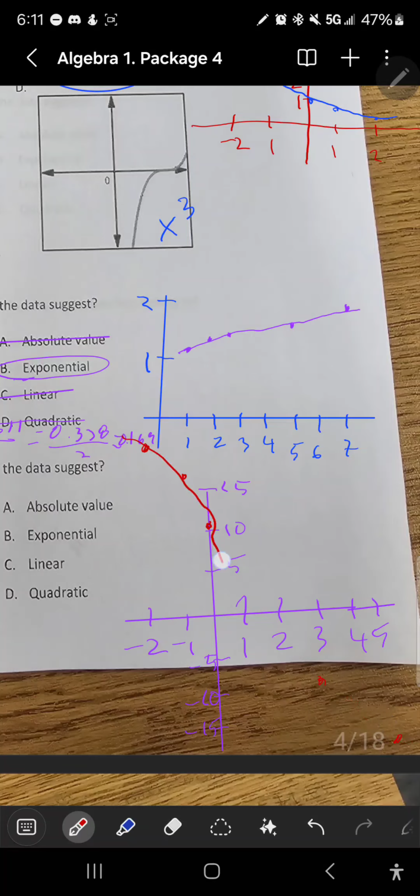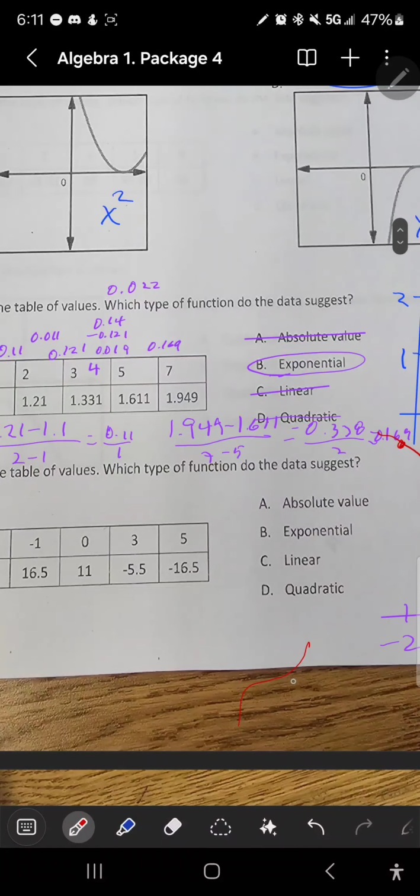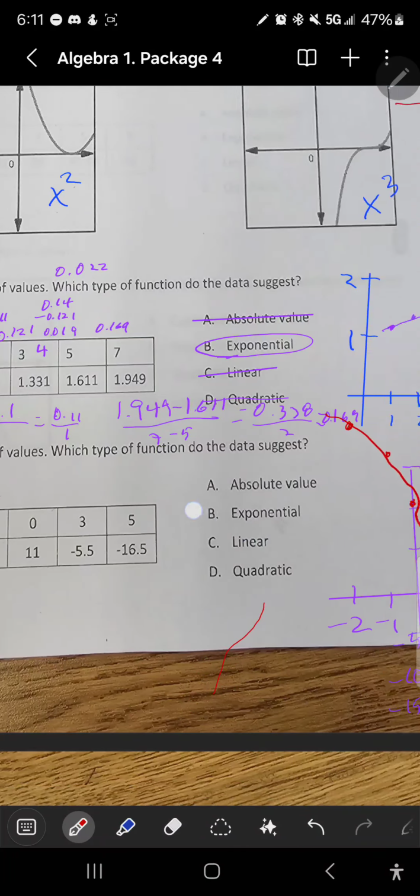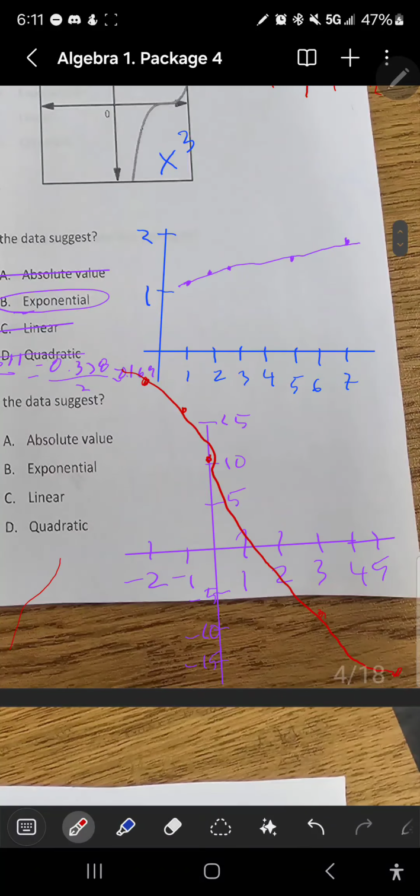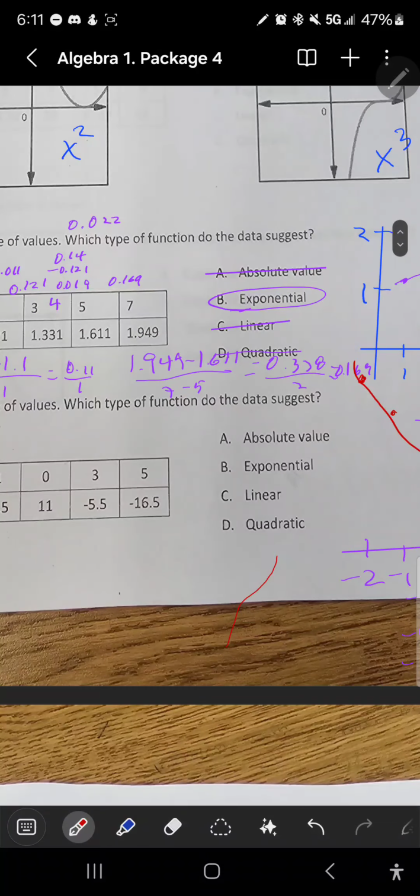So something like this. It's not a line, but there's a certain curve here.